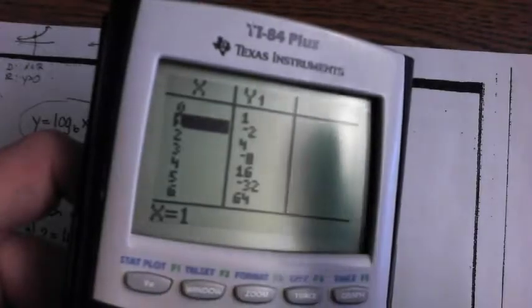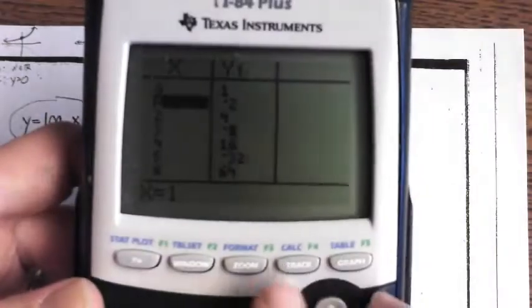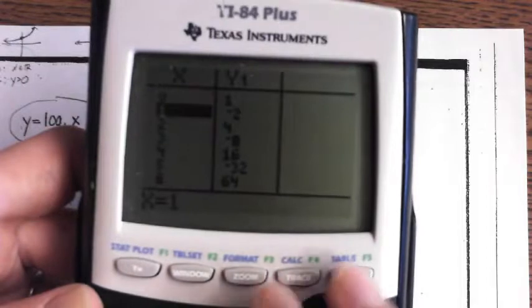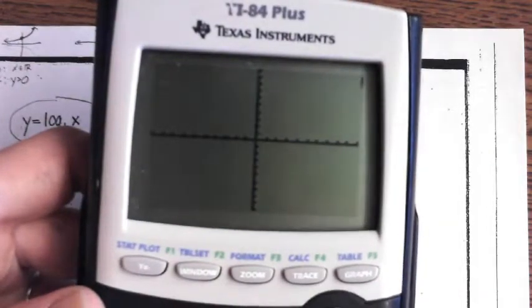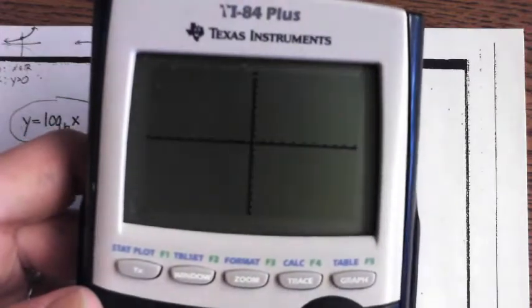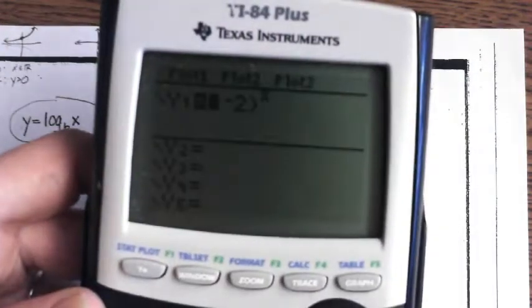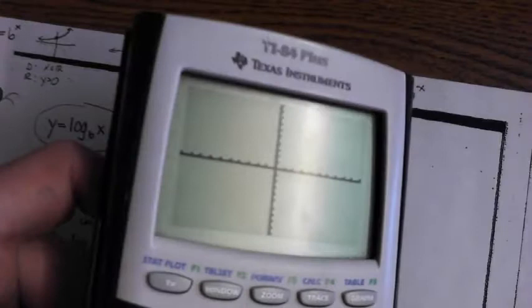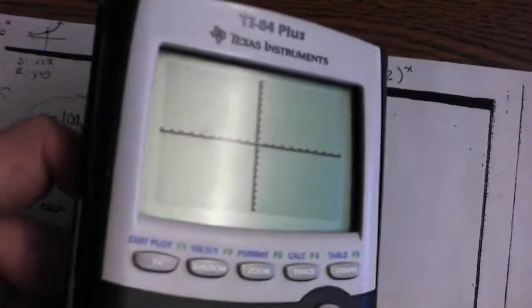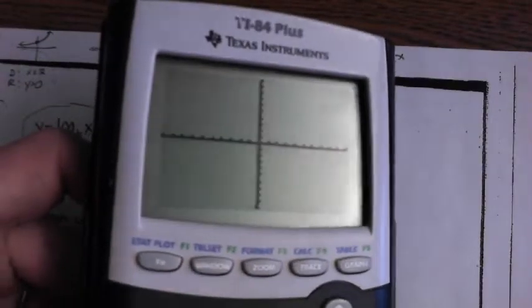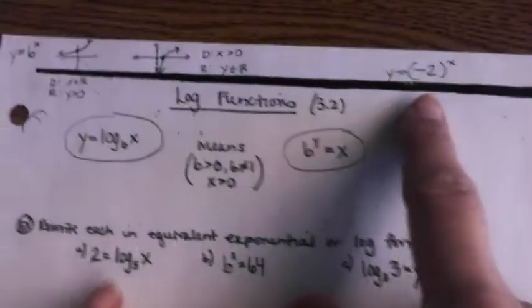So it would keep flip-flopping back and forth. And I don't even know what happens if you try to graph this. Nothing happened. So either the calculator's confused, or I'm just going to go with that. The calculator's confused. You can't have a base that's negative.